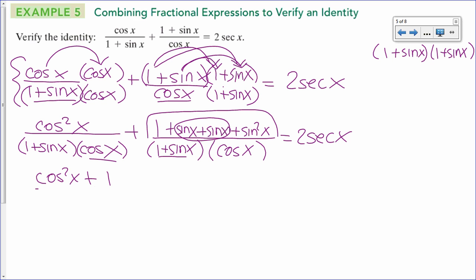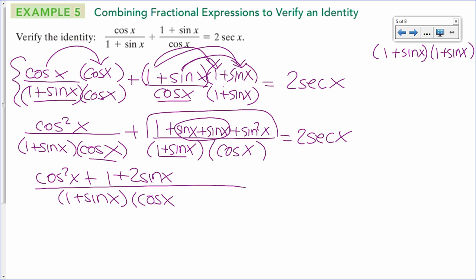I'm going to write everything under one fraction because we already have the same denominator. So I have a 1, and then here I have 2 times sine of x, right? Because sine x plus sine x is 2 sine x. Like one apple plus another apple, 2 apples. And then, of course, we have plus sine square x. And we're still trying to prove that that is equal to that.